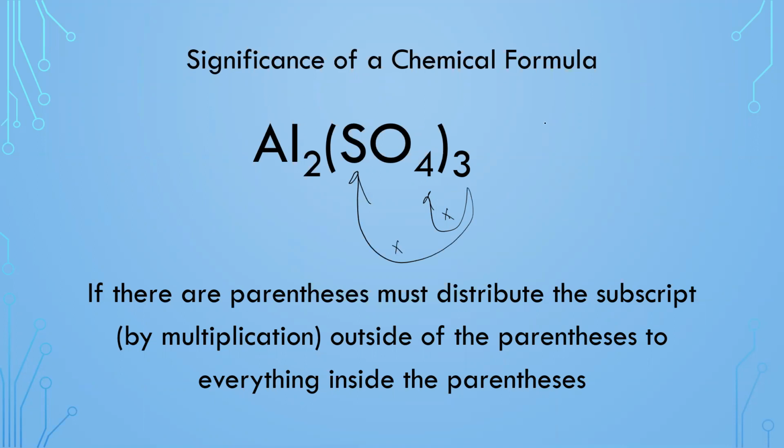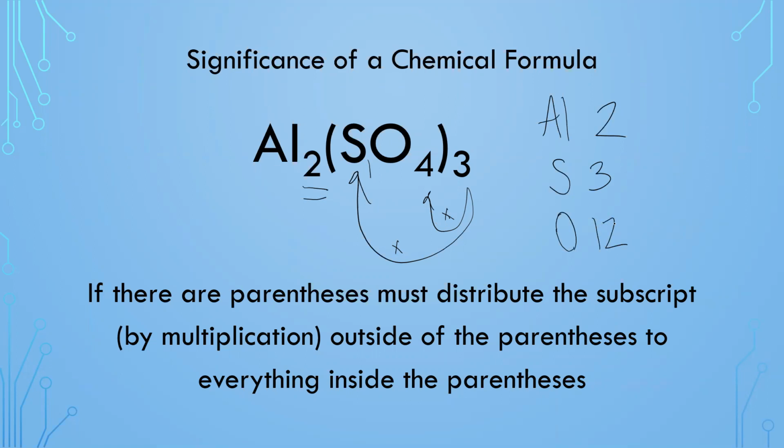So if we were to make a list, we've got aluminum, sulfur, and oxygen. We have 2 aluminum, and then we have 3 times, if there's not a subscript, it's assumed it's a 1. We just don't write them. So 3 times 1 gives us 3 sulfurs total, and 3 times 4 gives us 12 oxygens total.